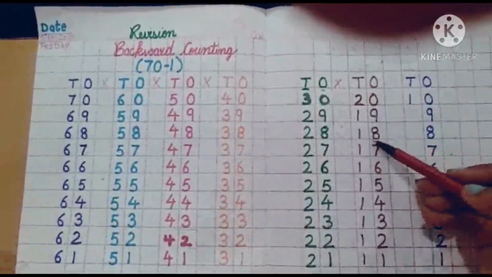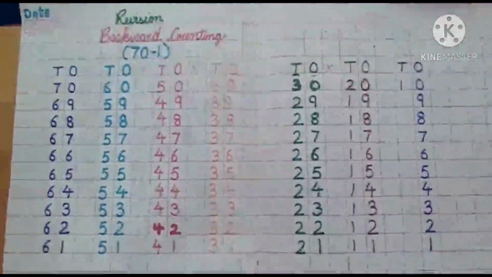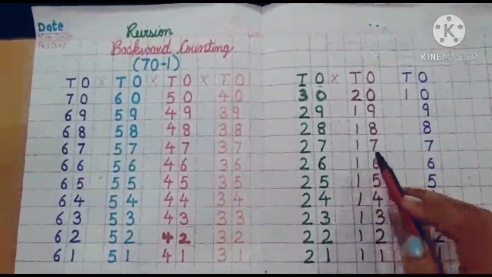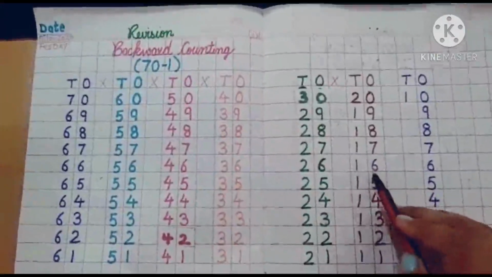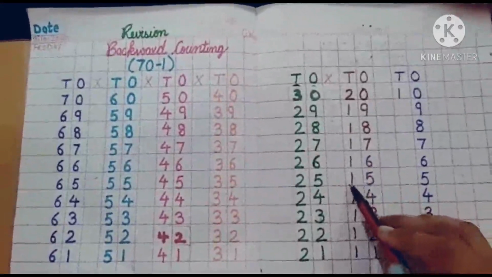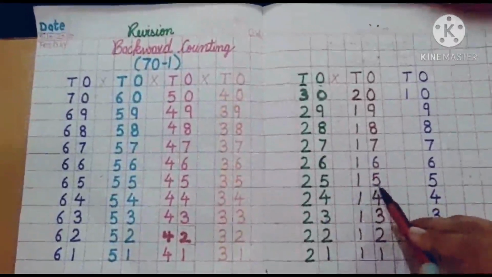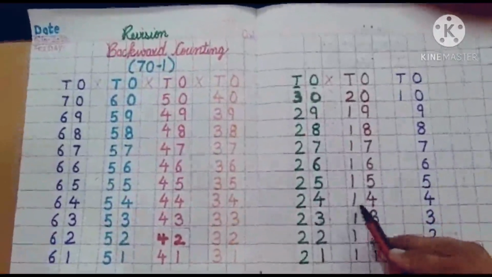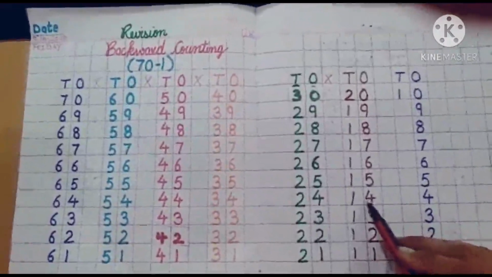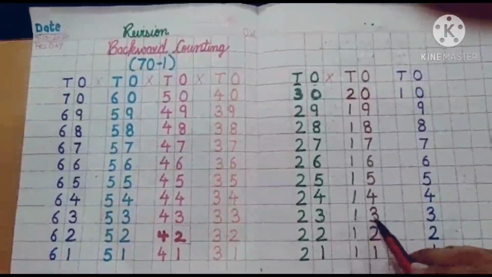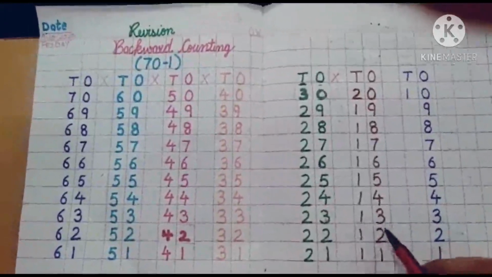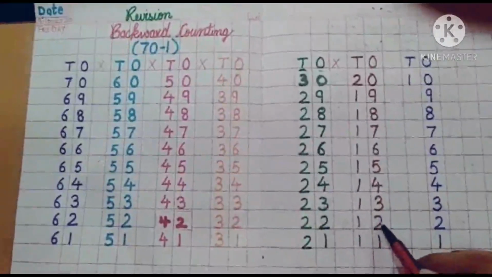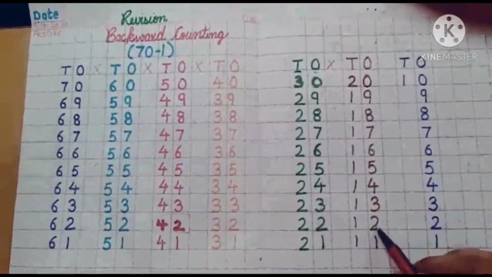19. 19, before what will you write? 18. 18, before what will you write? 17. 17, before what will you write? 16. 16, before what will you write? 15. 15, below what will you write? 14. 14, before what will you write? 13. 13, below what will you write? 12.